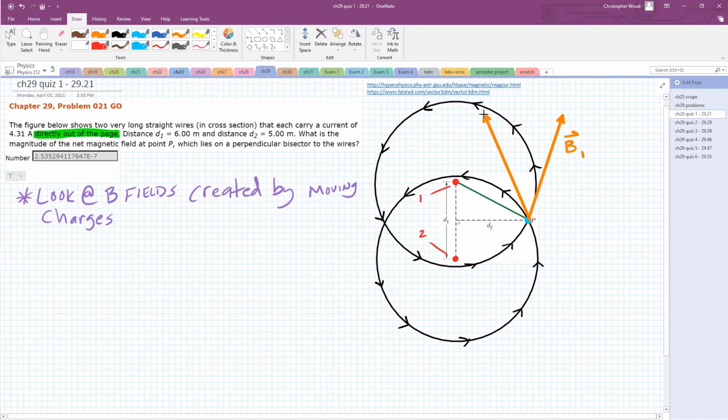I'm being really cognizant of the fact that the magnetic field vector at any point is tangent to the magnetic field line at that point. So then I will label this B subscript 2. And these are vectors. All right, so that's good, and that's it. The rest is kind of downhill.